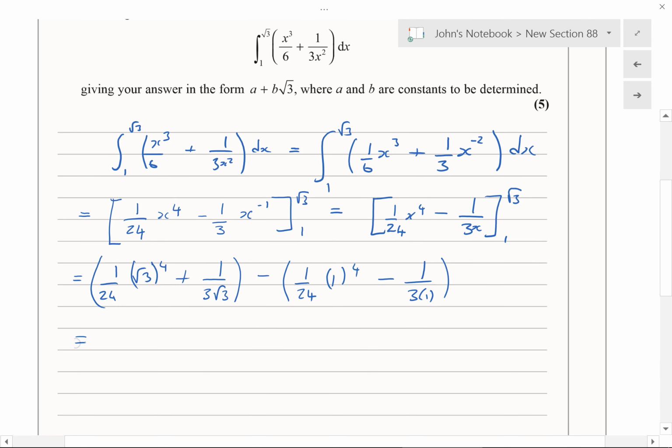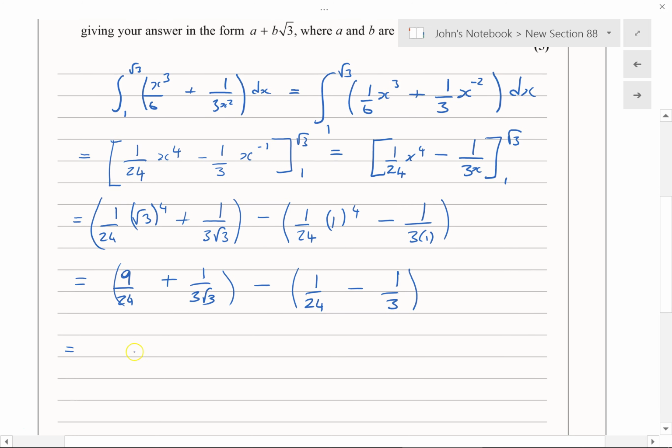Right, okay, so I'm not going to furiously just do this in a calculator. Square root of 3 to the power 4, well, square root of 3 squared is 3, so that's the same as 3 squared, so that's 9 over 24, plus 1 over 3, the square root of 3. We're probably going to rationalise that in a minute. Minus 1 over 24, minus 1 over 3. So that's 9 over 24 minus 1 over 24.